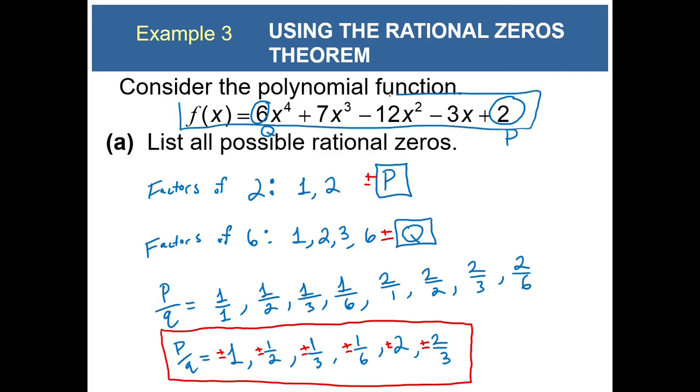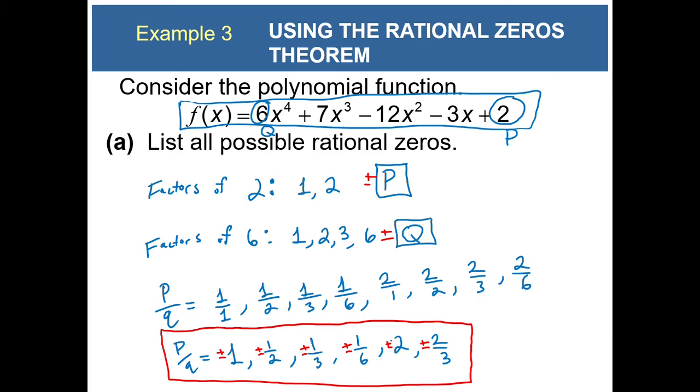If you plug these values into the original function f of x and you get a 0 from it using a calculator, I would recommend using a calculator, that will tell you that it must be a root. So that's a good tip. Use a calculator, plug in a number, and if it gives you a 0, it must be a root.